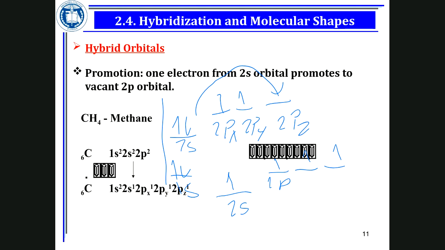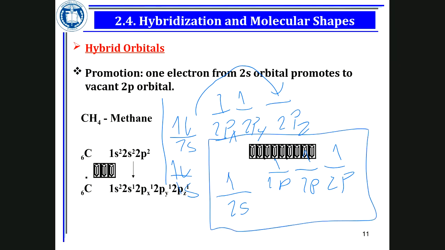The shape of the p orbital is different from the shape of the s orbital. So if I use the same space again, so you have your notes, I'm going to draw the possible formation of the bond if the carbon atom starts forming bonds the way that it shows here.